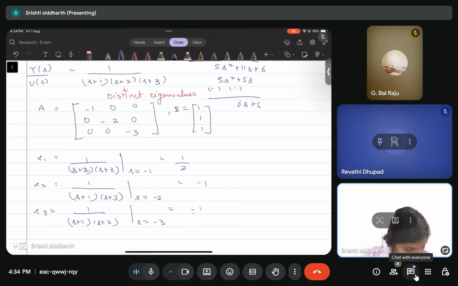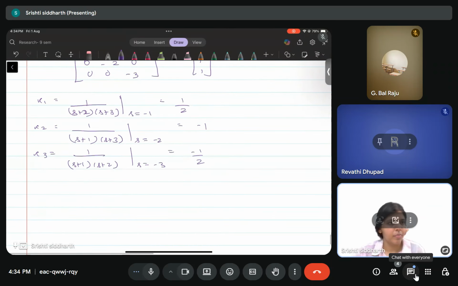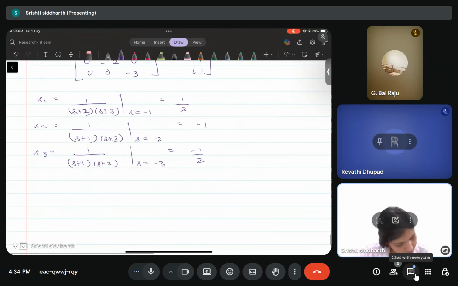It's going to be minus half. Yes. Okay, so it's plus. So C is half, minus 2, minus 1 half. This is C.